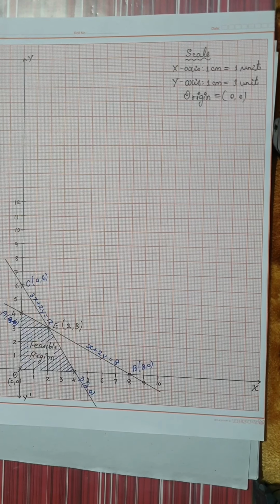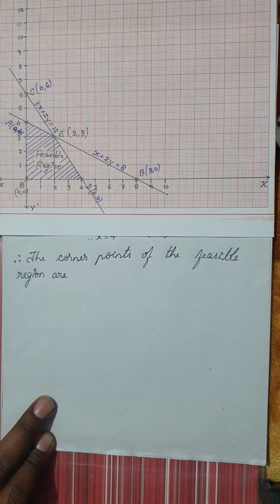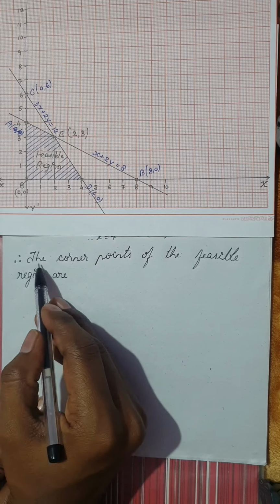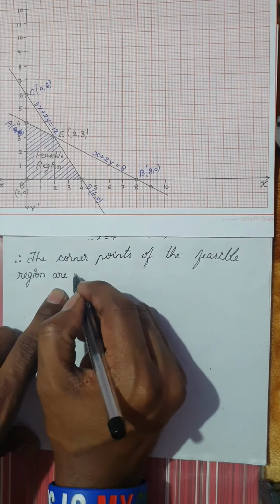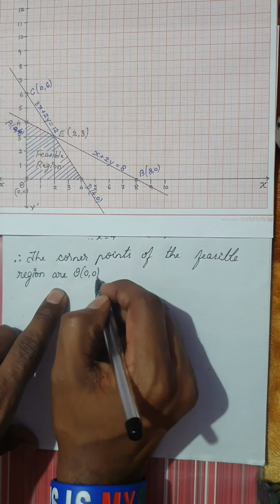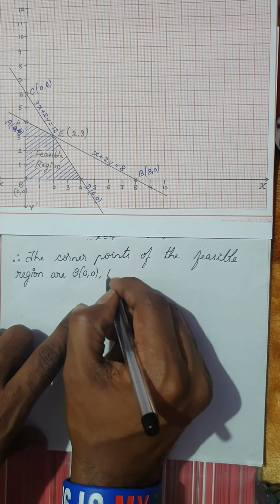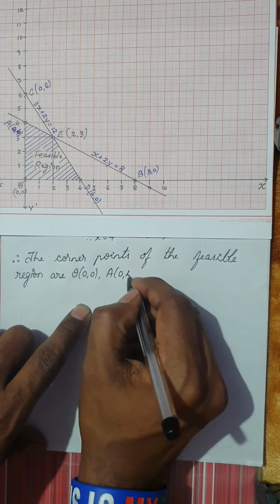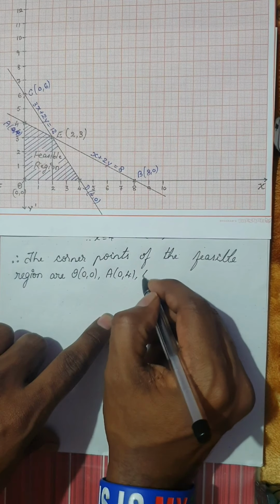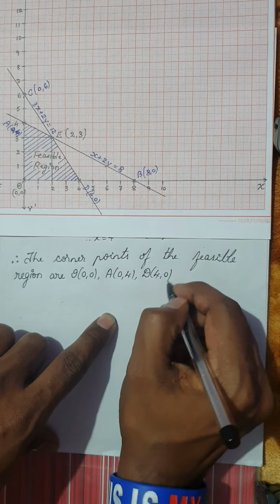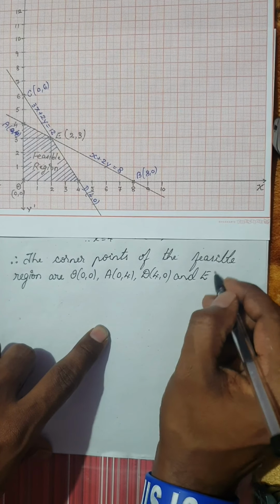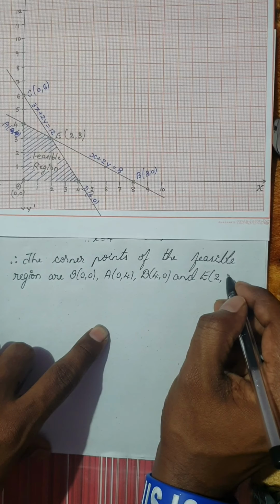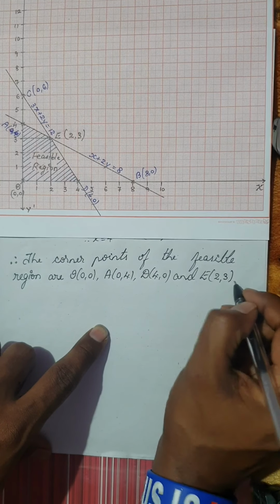Okay, let's note down the corner points now. The corner points of the feasible region are, one is the origin, that is O 0 comma 0, and the point A is 0 comma 4, and the point D which is 4 comma 0, and the point E which I have calculated from the graph sheet, which is nothing but 2 comma 3.